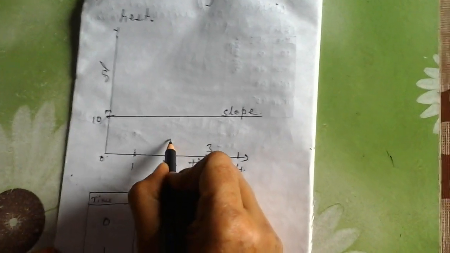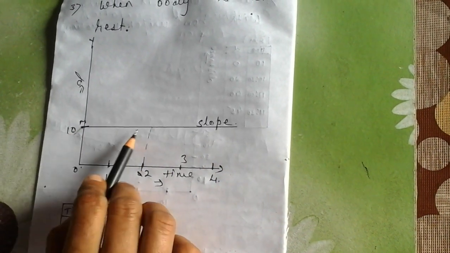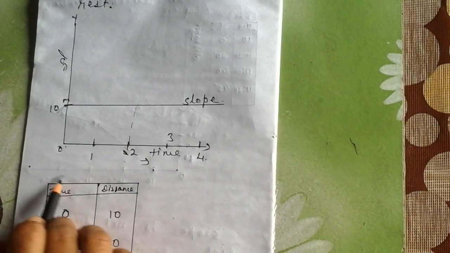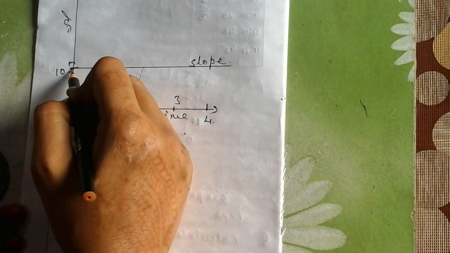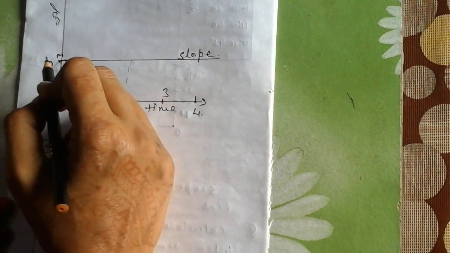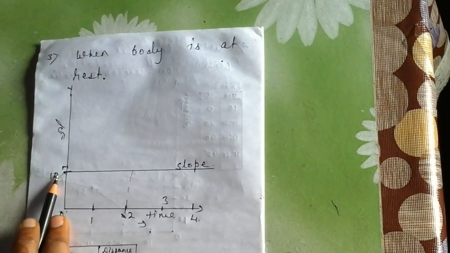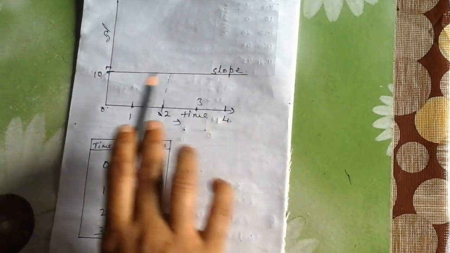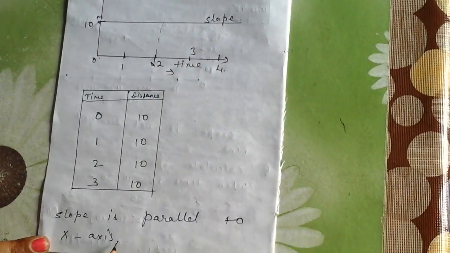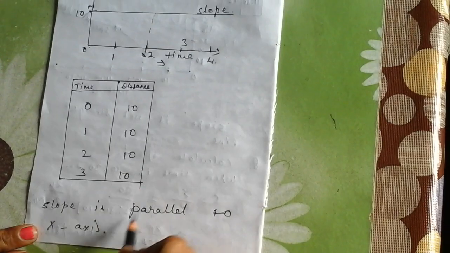Again, time is 2 seconds, the body is at 10 meter. That means time is moving on, but distance, that is position, has not changed. As position is not changed, the body is at rest, at one position only. So this is the graph which shows the body is at rest. The slope is parallel to the x-axis.